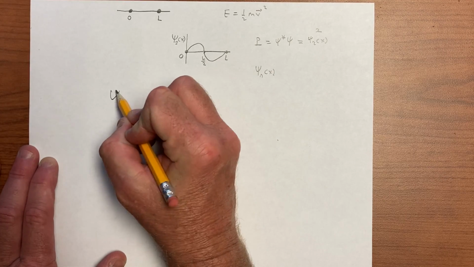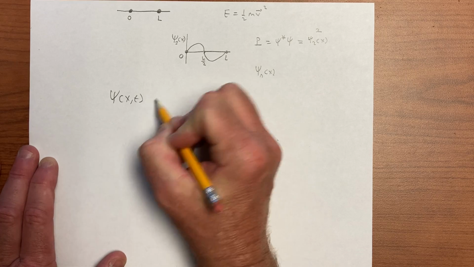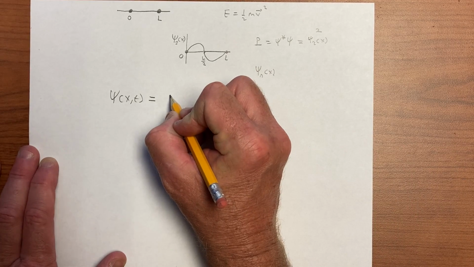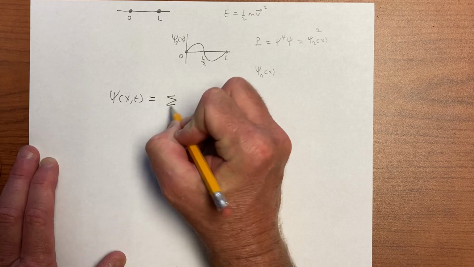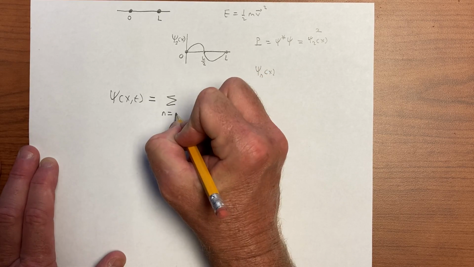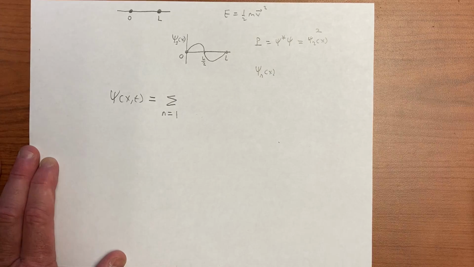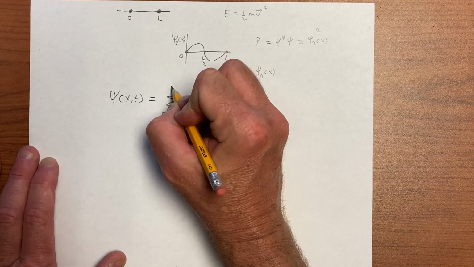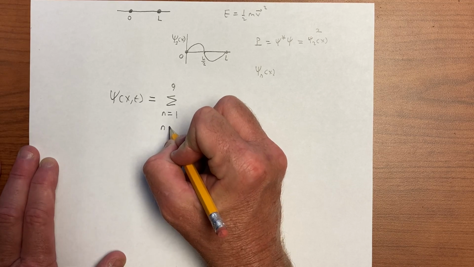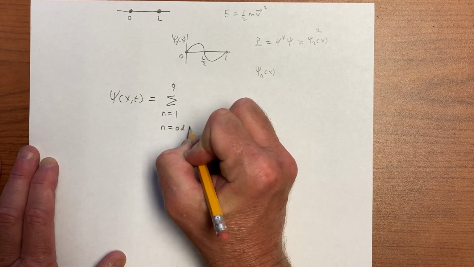But if we take a superposition, let's say of n equals 1 to 9, but n is only odd.